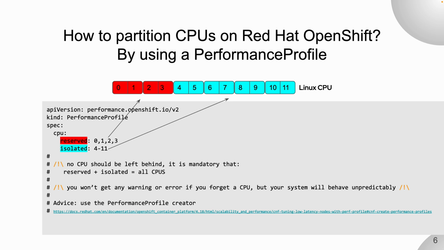If you have doubts, you can always use the performance profile creator tool, with the link here, to help you create those masks for you. Here it's very simple on the screen because we have only 12 CPUs, but reality is more complex when you have a dual socket system with 512 CPUs, for instance.